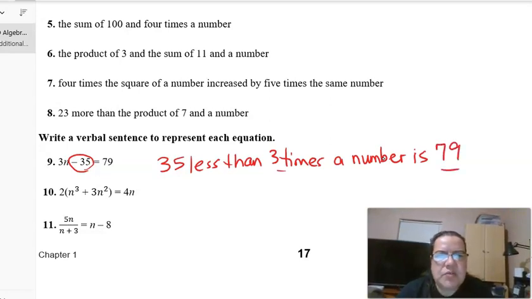Now, when you're writing these, you can write the actual numbers with letters, right? But I think you get the idea.